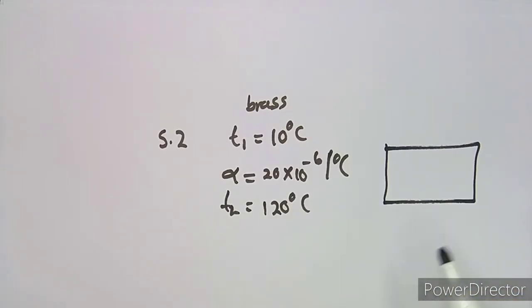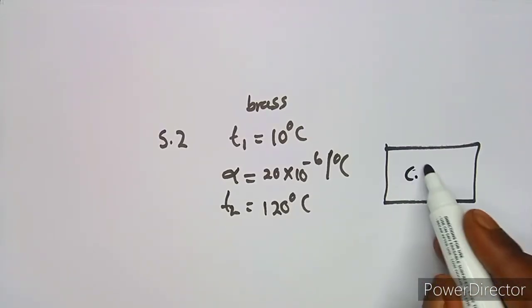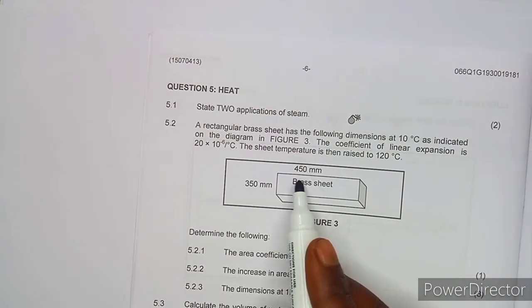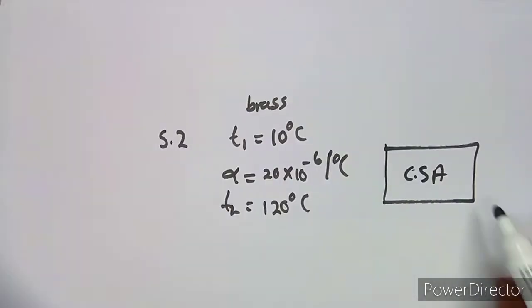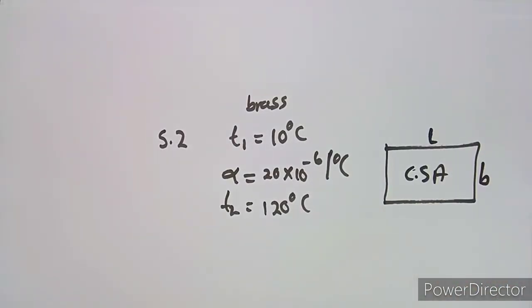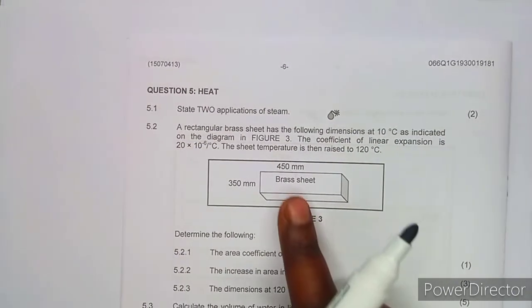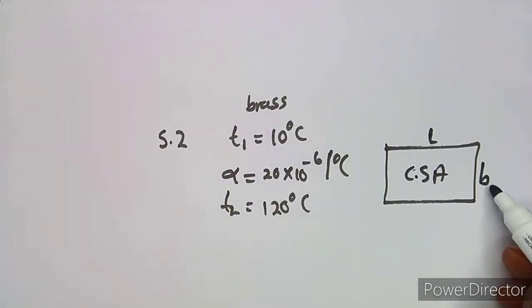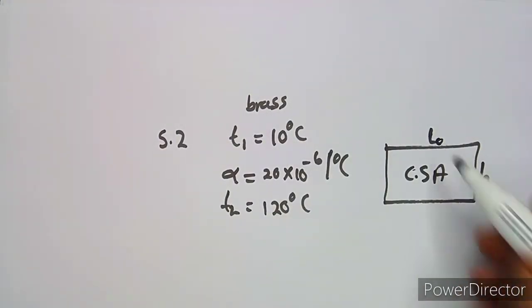This is just a cross-sectional area we are talking about here. In the cross-sectional area you've got the length and the width, which is the breadth. This length is the original length, and this breadth is the original breadth.